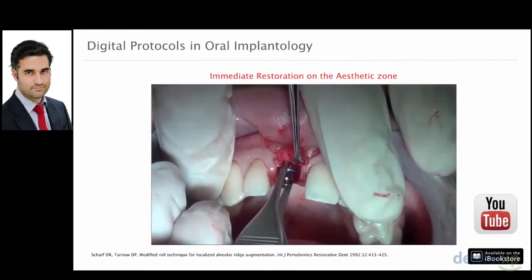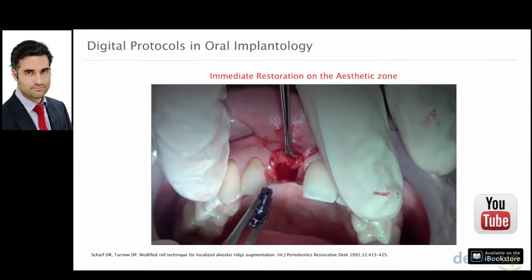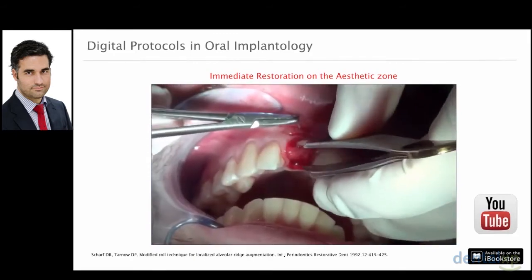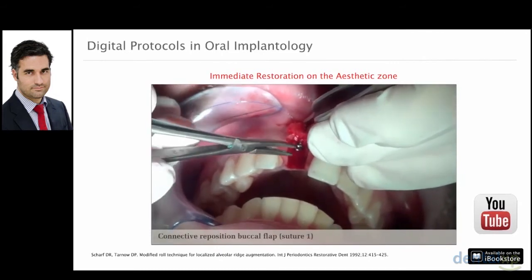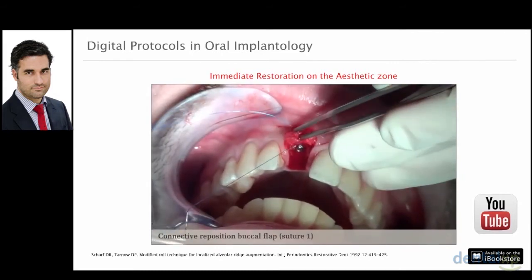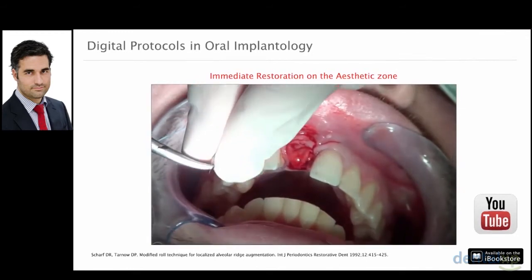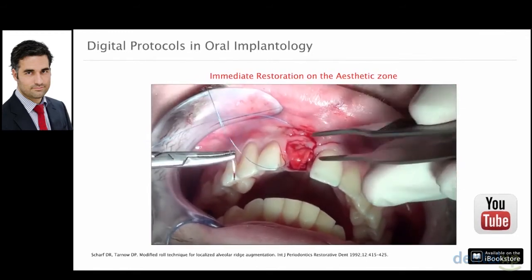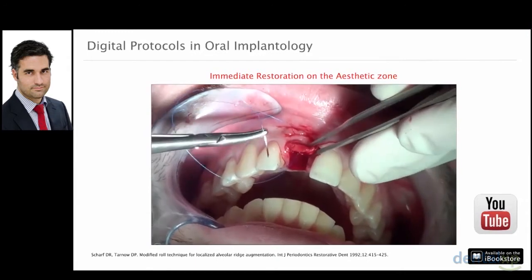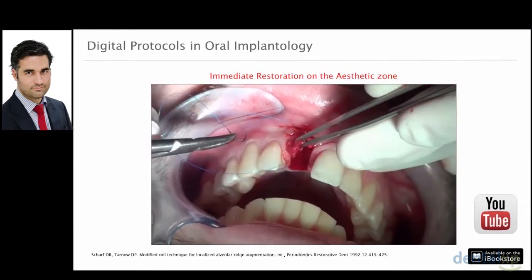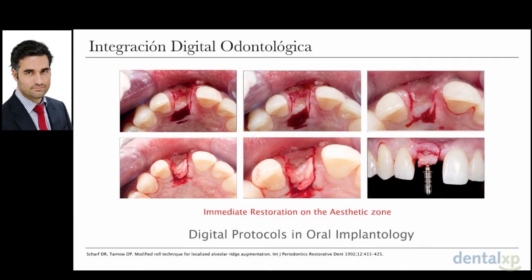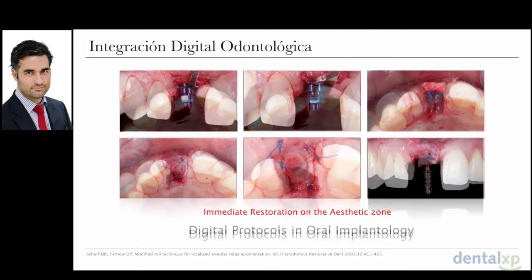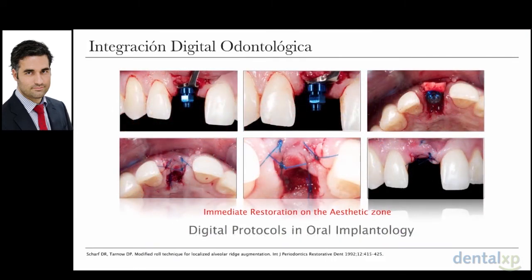The other way to do it was a soft tissue graft, a connective tissue graft from the palatal, if you would prefer, but it was only a little volume that I would like to establish, so I did this roll technique, so that you don't have a second surgery site. Here you can see the technique step by step, the roll technique. It was the modified technique from Scharf.